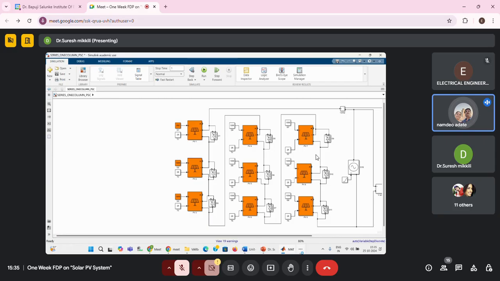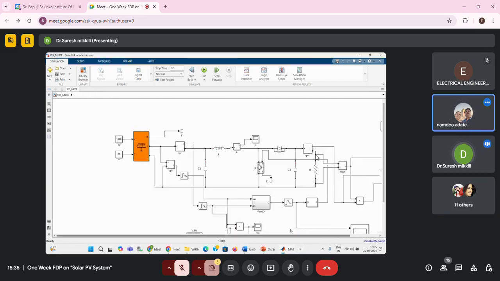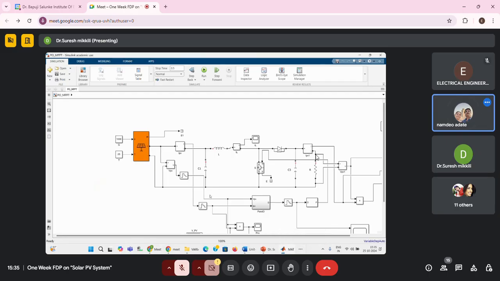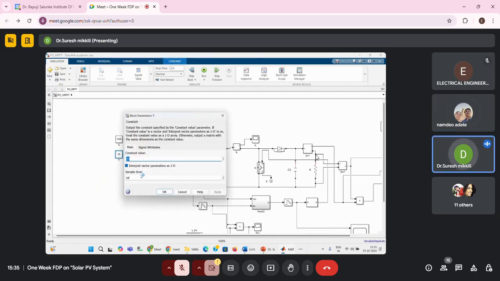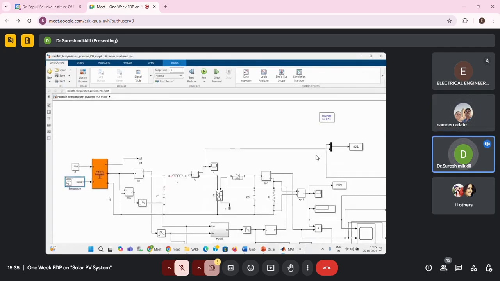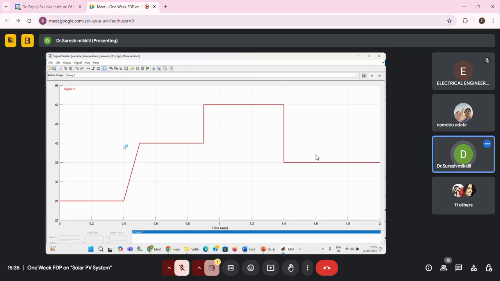The ramp block we have to consider, no? One minute, I'll show you. Instead of this temperature, here this is a constant temperature, isn't it? We have to select the ramp one. Now what we need to consider is not the ramp one, but the signal builder.